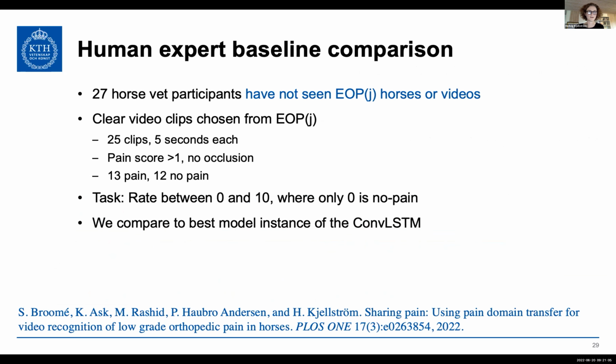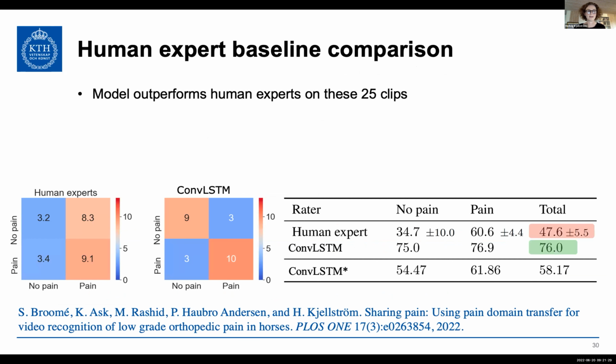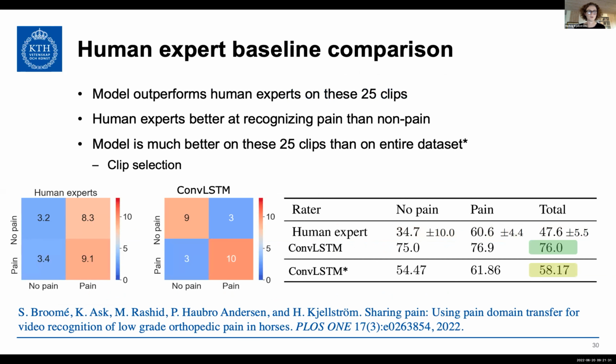We also did a human expert baseline comparison, which was really interesting, which I will refer you to Sophia's talk for. Basically, we found, again, that our COM-LSTM model greatly outperforms humans on these tasks, which says that it's really beneficial to develop these kinds of decision support tools.